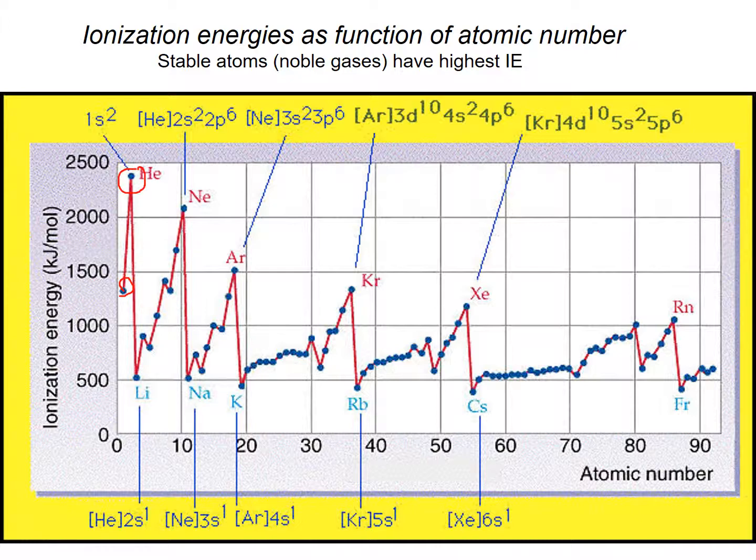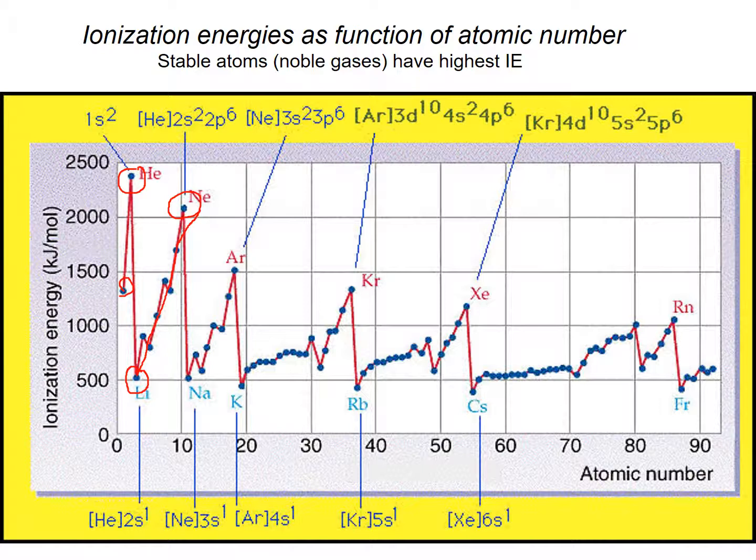Then I go to the next row, and there's a large drop in ionization energy. It's very easy to remove the valence electron from lithium. And then there's a general trend upward as I go from lithium up to neon, and then again another large drop as I go to the beginning of the next row.